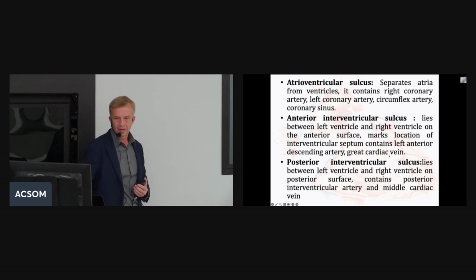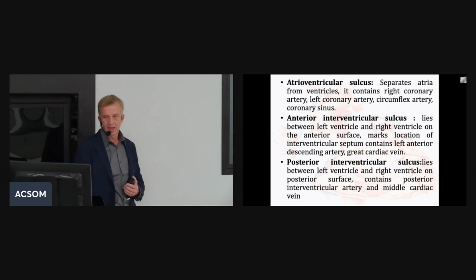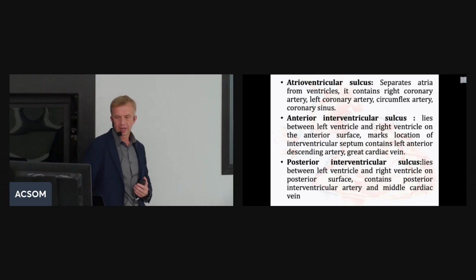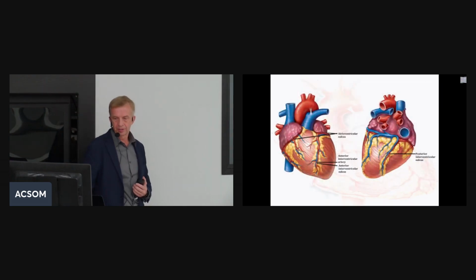So the AV sulcus separates atria from the ventricles, and it contains coronary arteries. There is a right coronary artery, which we're going to talk about in the coronary anatomy in a little bit, and there is part of the left coronary system, which is the left circumflex artery.